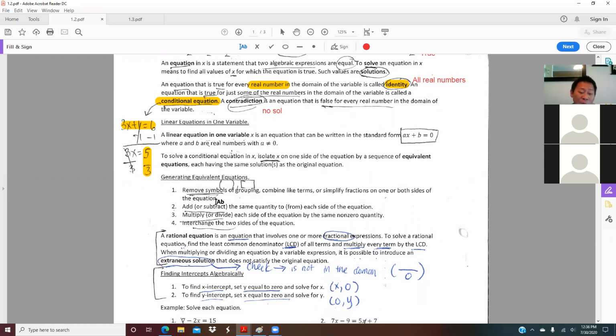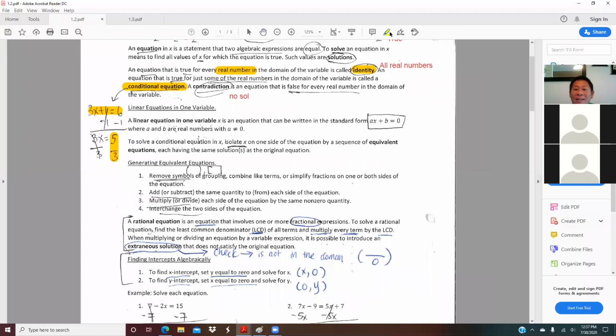But once you have equations that involve x's or 2 or 3 terms in the denominator, you have to be careful with this, because of one thing. It's what we call extraneous solution. Okay, so this is the one that you need to watch out for when you have a rational equation.